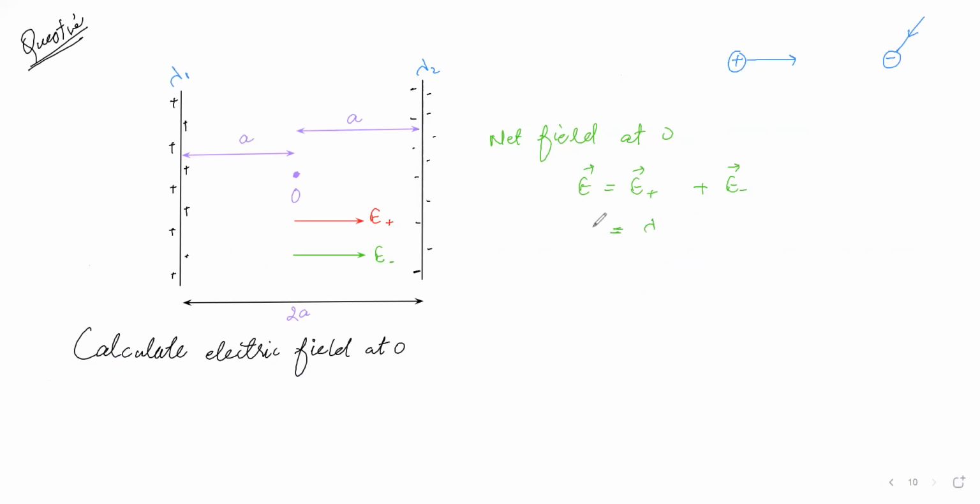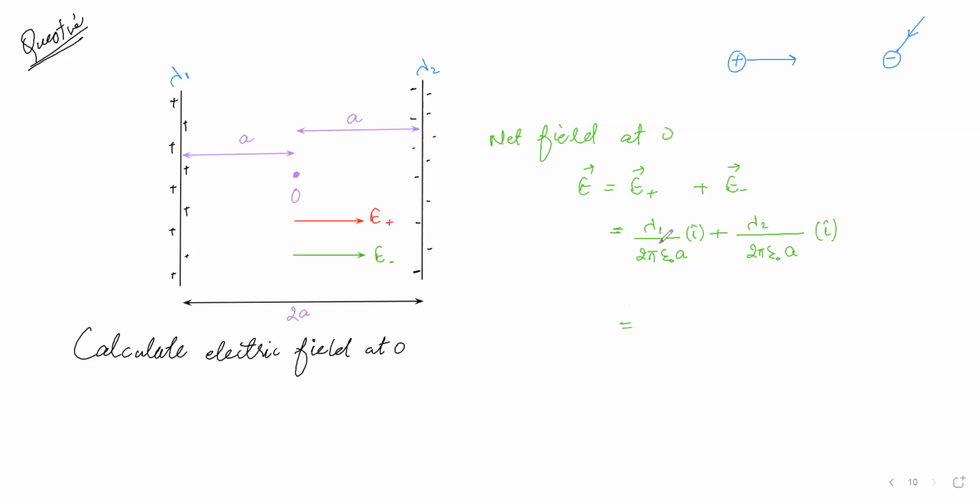For the first line charge, it will be lambda 1 over 2 pi epsilon naught, separation from the center is a, and the direction is plus i cap. Similarly, for the negatively charged line, the linear charge density is lambda 2 over 2 pi epsilon naught a, direction is along plus x, I mean along i cap.